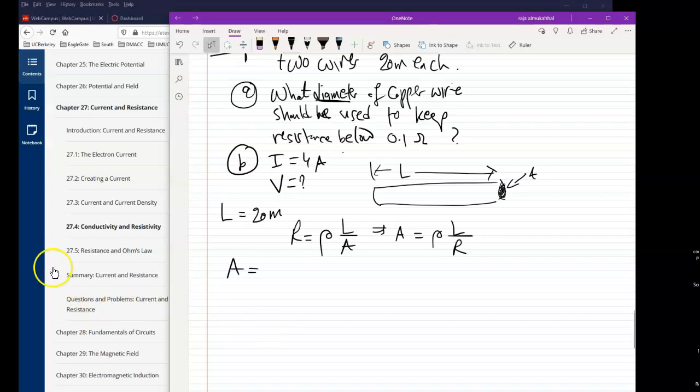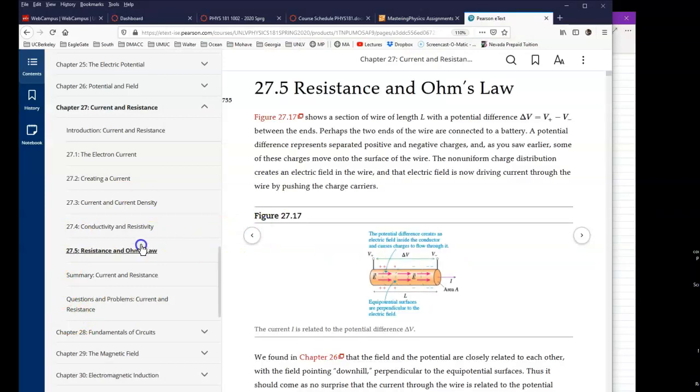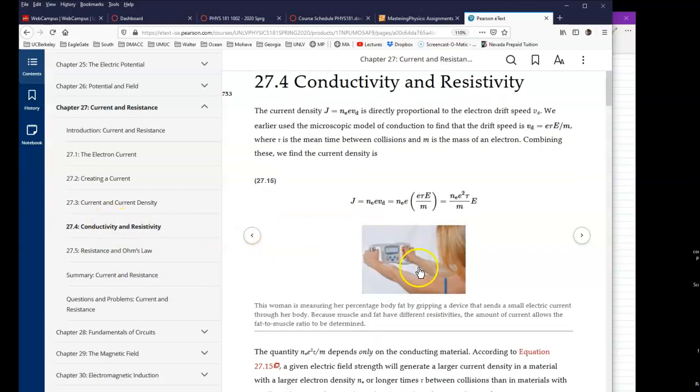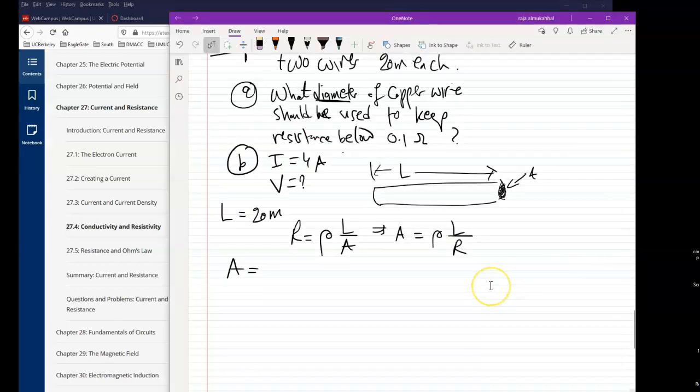I'm going to go back to the table, and I look up copper. It's 1.7 times 10 to the negative 8 right there. Okay, guys? And so I go 1.7 times 10 to the negative 8.